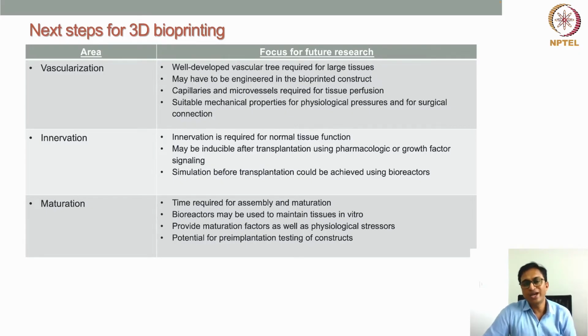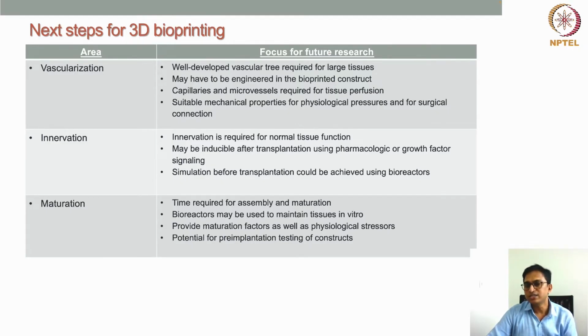We may also have to engineer the bioprinted constructs, that is, integrate the vascular tissue within the bioprinted construct. When we are printing the tissue or organ, if we can print the vascular tree along with the printed tissue, then it can probably be well integrated within the bioprinted tissue construct, and we can get a better outcome from vascularized tissue printing.